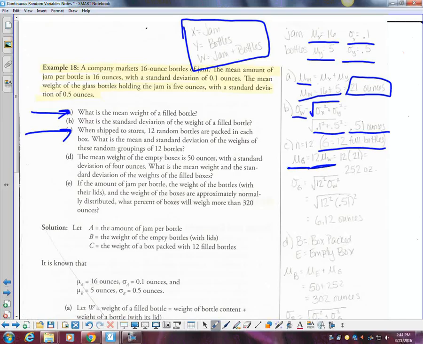Check this one out. The standard deviation of 12 full bottles is the square root of a squared, 12 squared, times the standard deviation squared of the filled bottles.